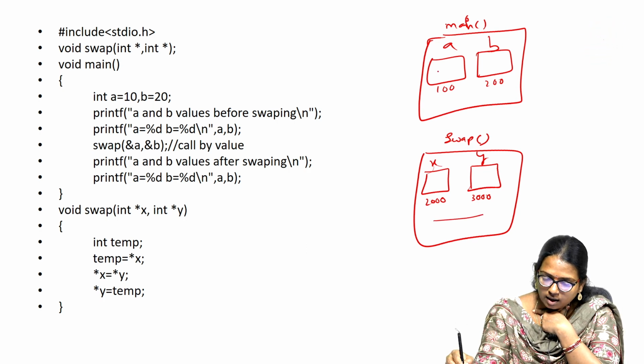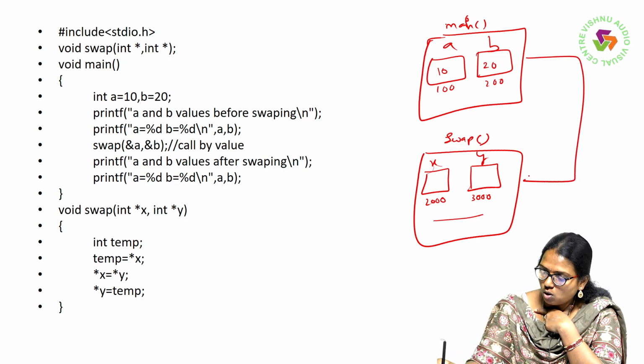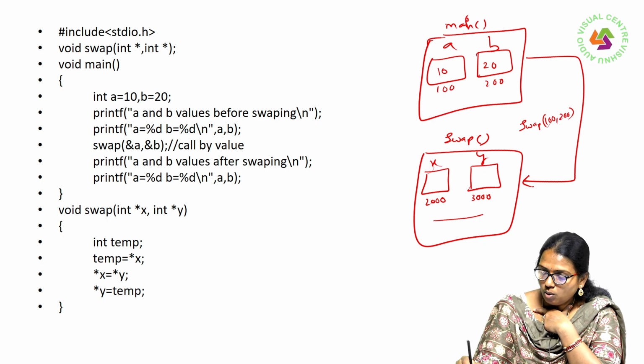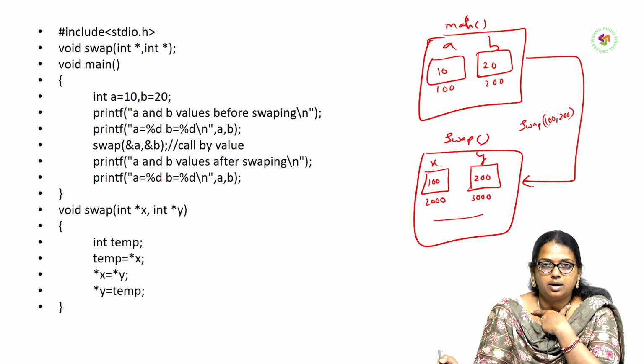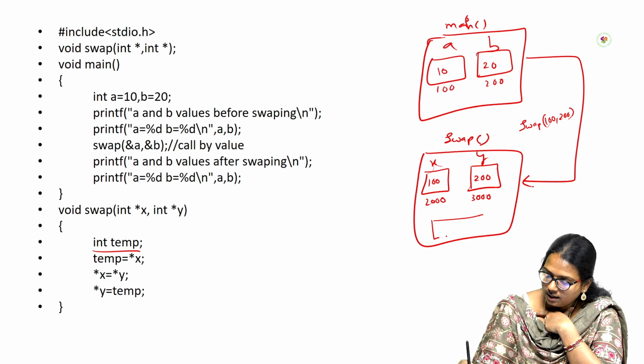In A the value is 10, in B the value is 20. Now main is calling the swap function by passing the addresses, not values. Now X is storing 100, Y is storing 200, and in swap we declared one variable temp.